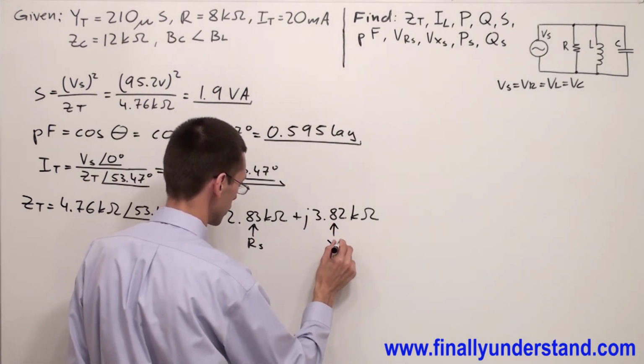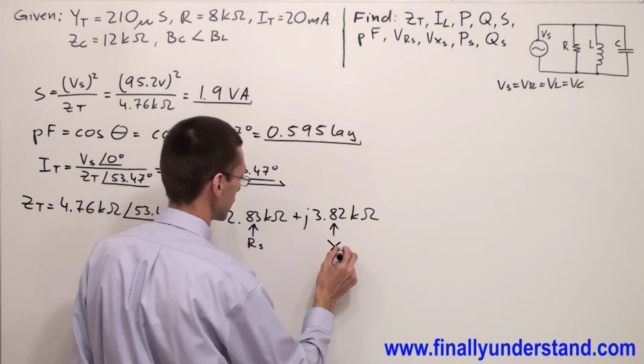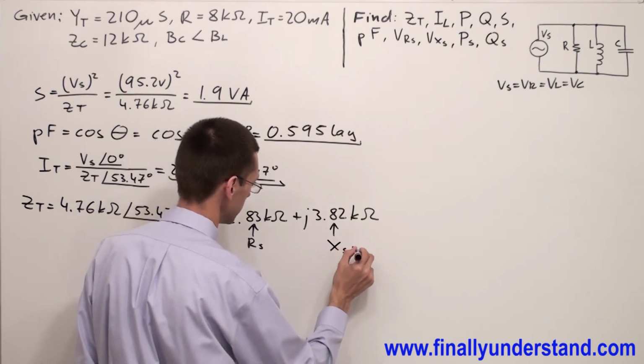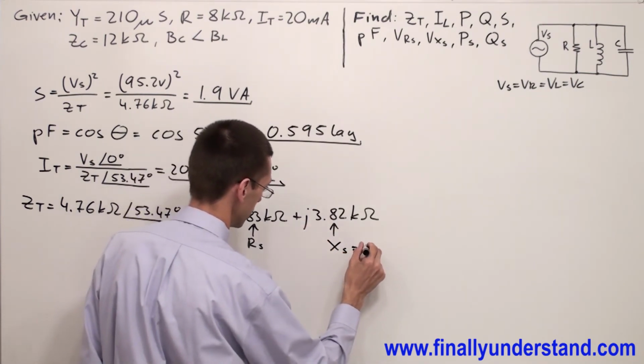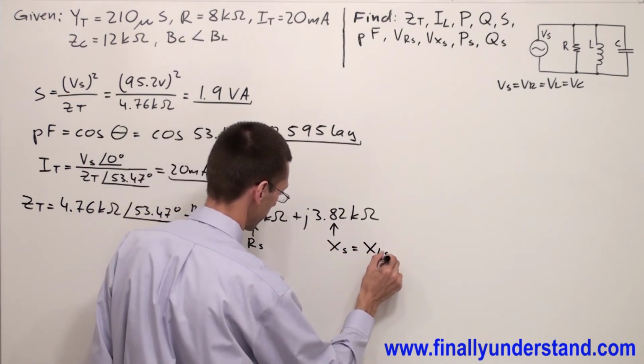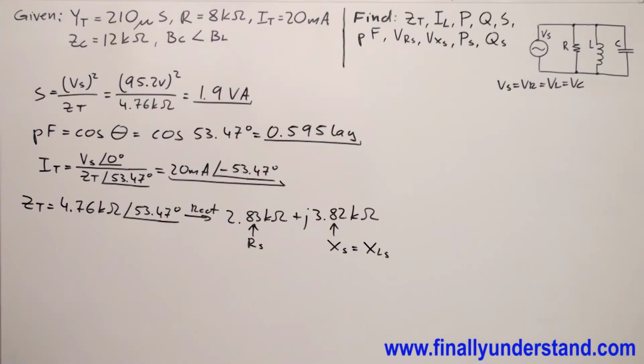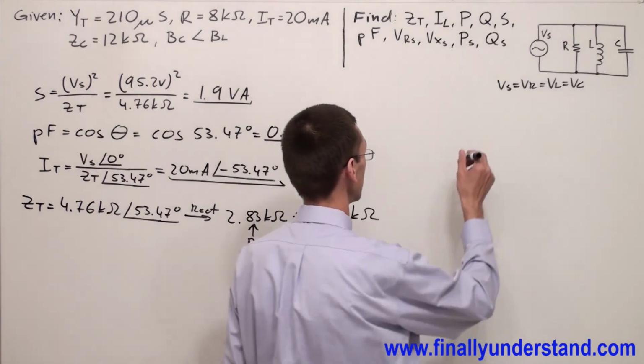This is my X_S, which, because I have a positive sign, is X_LS. So what we can do right now is draw the series equivalent circuit.